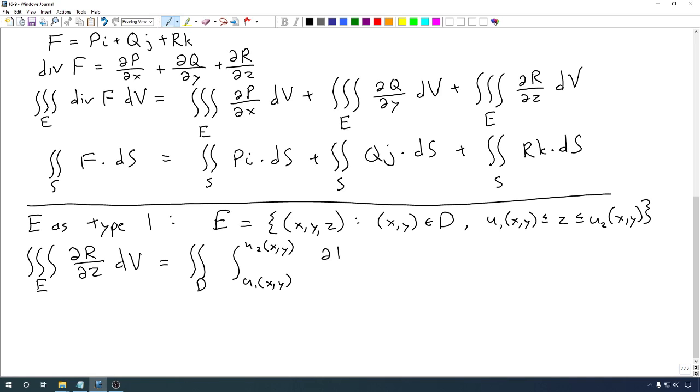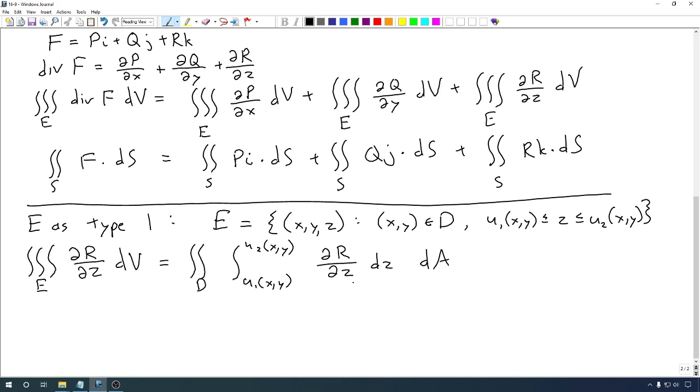We're still looking at the derivative of R with respect to z. But now we're integrating that over z first, which is going to work out very nicely for our derivative here. And we have dA corresponding to the x and y from our D. Of course, the integral of a derivative is just going to be that function.